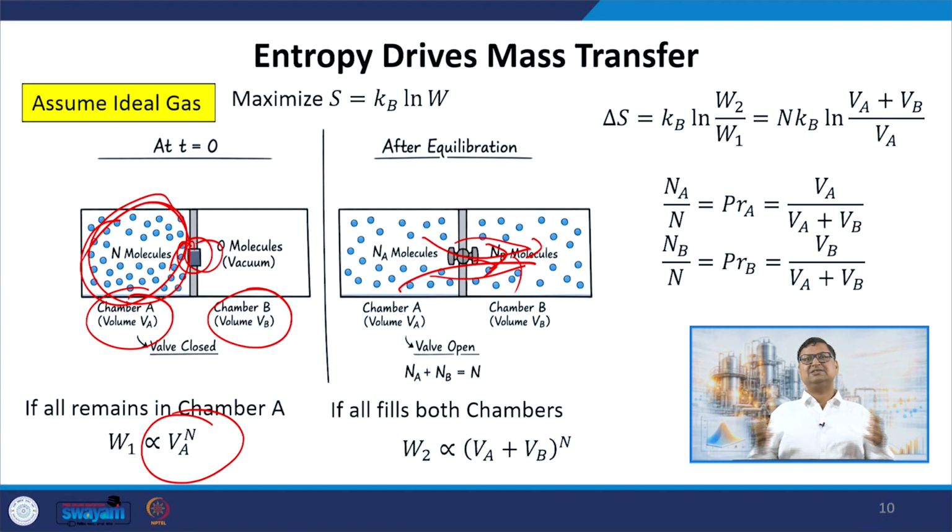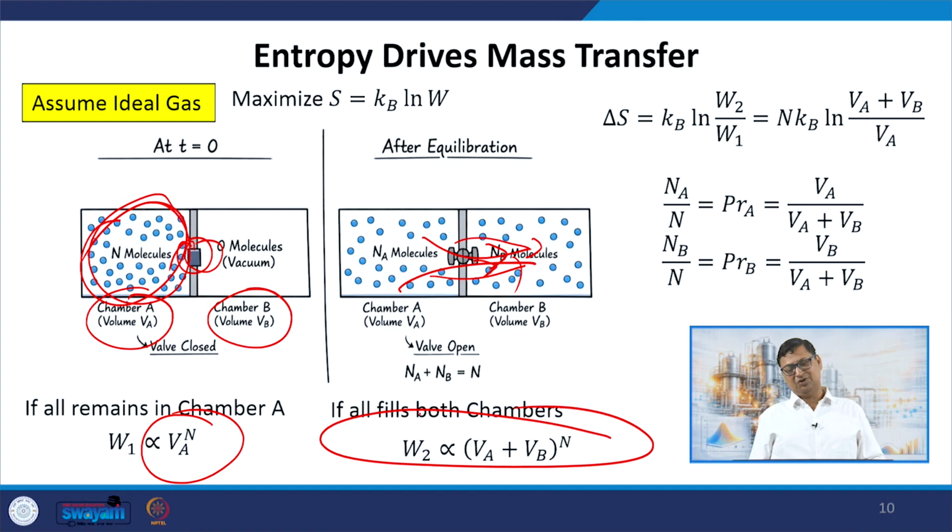Let us say this is happening uniformly, so every particle can go to both chambers. Then the volume available for them to move around is VA plus VB. So clearly, the number of ways, VA plus VB to the power n, is much, much higher than VA to the power n.